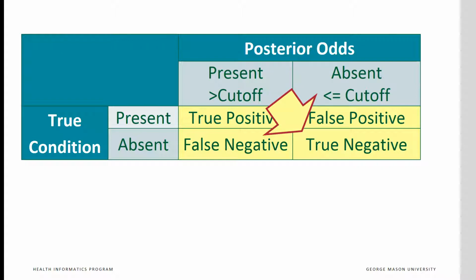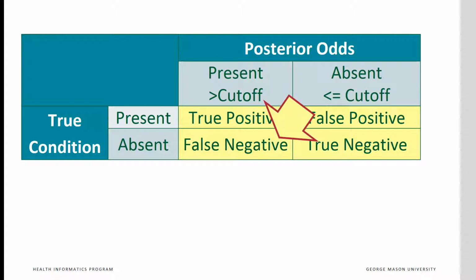True negative refers to the number of times the condition is absent, and we correctly predict that it was absent. The negative here refers to the absence of the condition and not errors in prediction. The higher the true negatives, the more accurate we are in predicting absence of the condition.